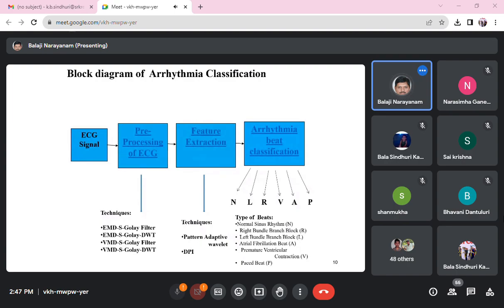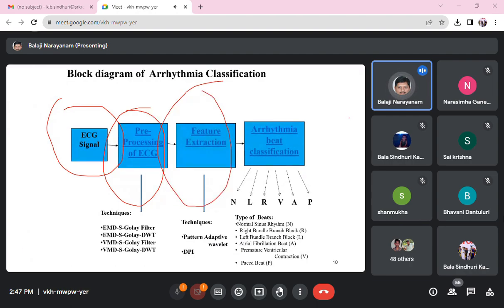Based on the type of beats, their features are shown here. When I want to do ECG signal classification, first I take an ECG signal and do pre-processing of it. The next step is feature extraction, then beat classification. As we saw in the earlier case, we had normal, supraventricular and ventricular beats, whereas here the classification is normal.